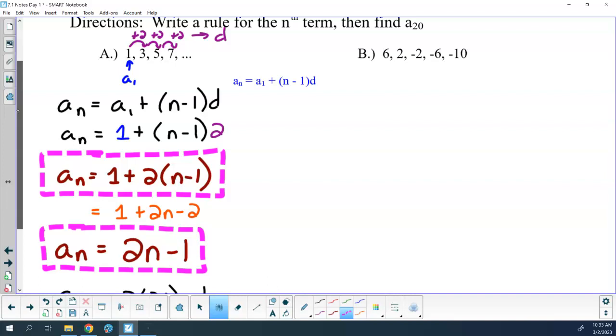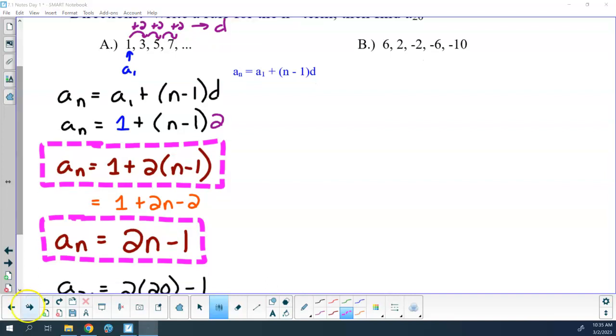You find me the rule and find me the 20th term in the start of that sequence for letter B. So a sub n is equal to 6, my first term, plus n minus 1.